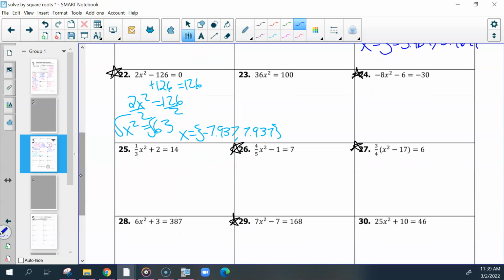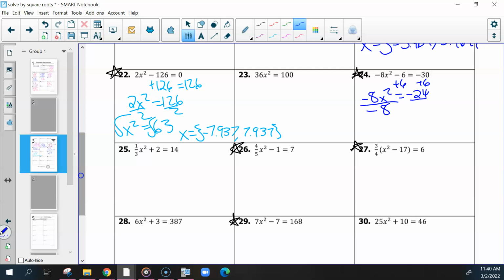Right, 24. You would add 6 to both sides. Here we have a negative, but 8 x squared is not by itself, so we could get rid of that negative. So don't rule it out as no solution yet.